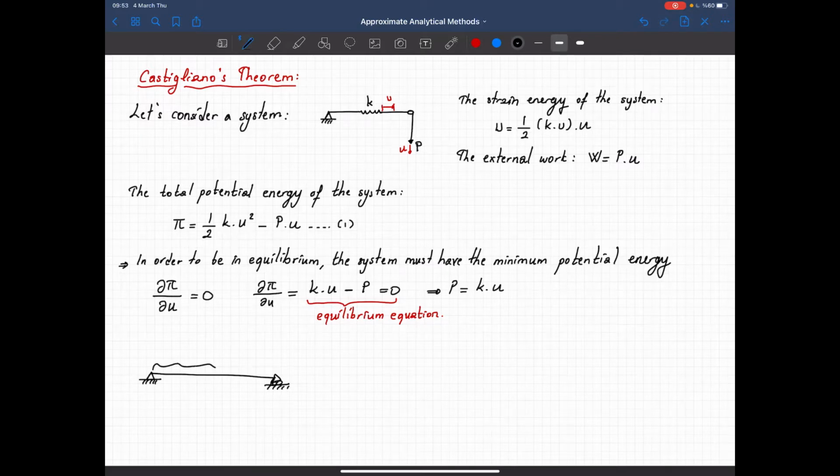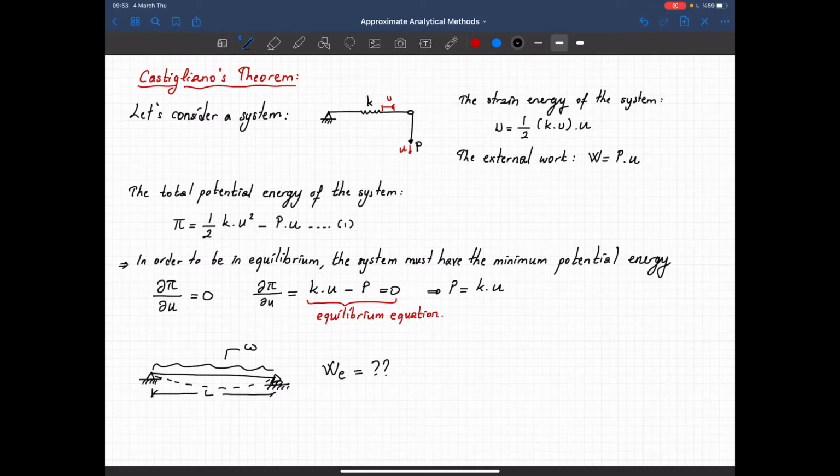How do you calculate the external work of a uniformly distributed load? Because we don't know the variation of U, right? And we cannot calculate the external work. That's the main limitation.